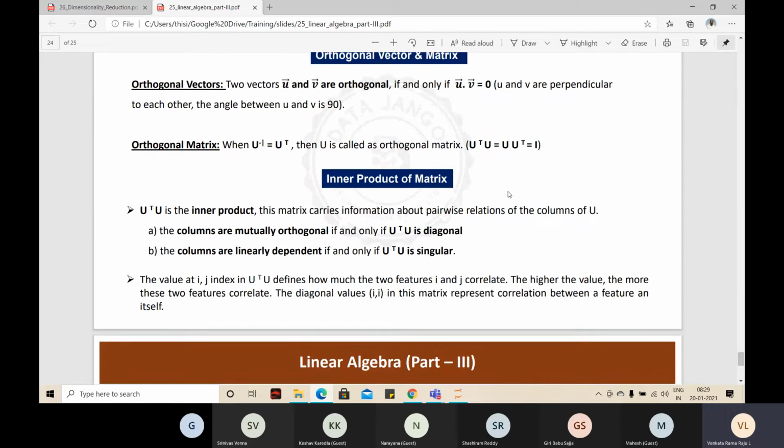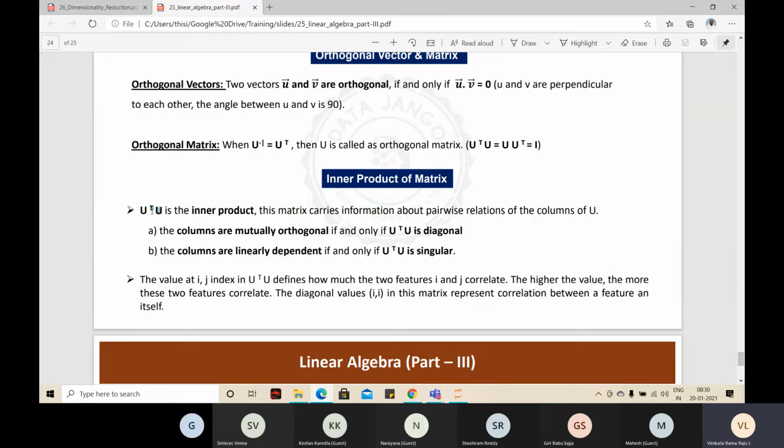Maybe it takes time to engulf everything, but let me go through it, and then we'll start for questions or discussion. So this is an orthogonal vector and this is an orthogonal matrix. U transpose is the inner product. The matrix carries information about the pairwise relationship of columns in U, right?